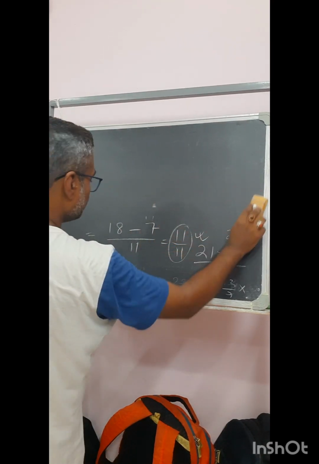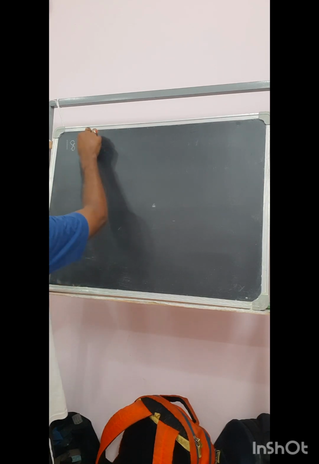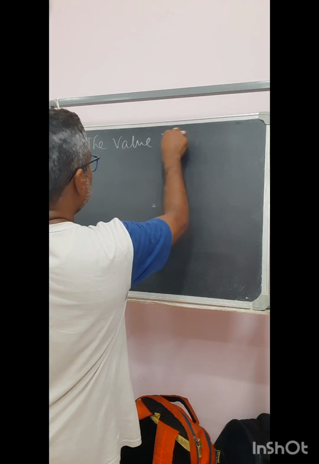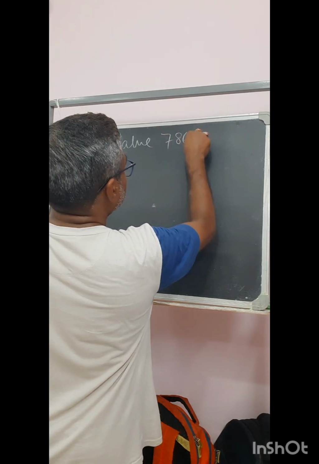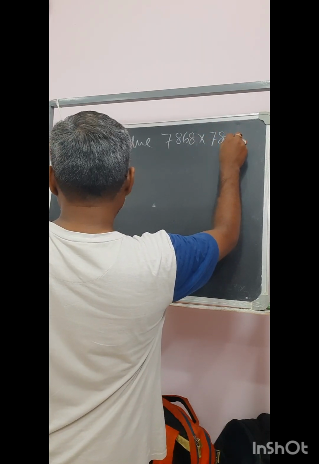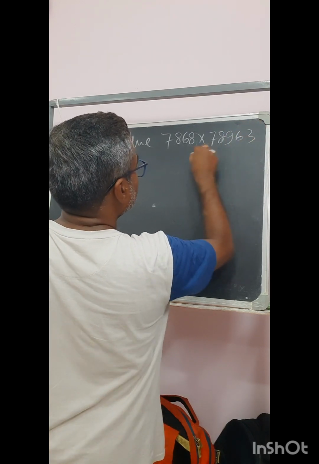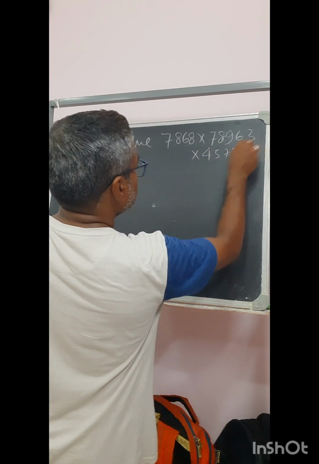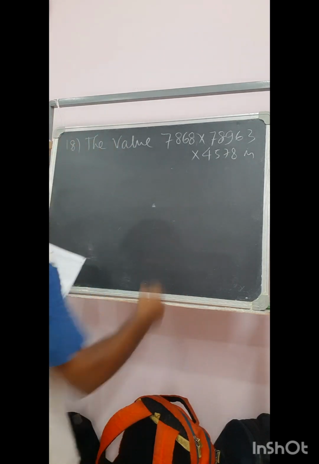Now come to 18. Eighteen says the value of 7868 multiplied by 78963 multiplied by, is the multiplication of those digits.